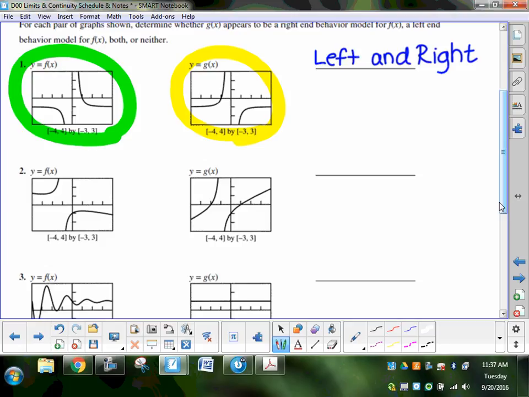As this g of x goes out and trends out, it's going to some positive value. What is the original function doing? Okay. What happens as the g of x goes out to the left? It's going to a negative value. What's it doing here? So does it model?